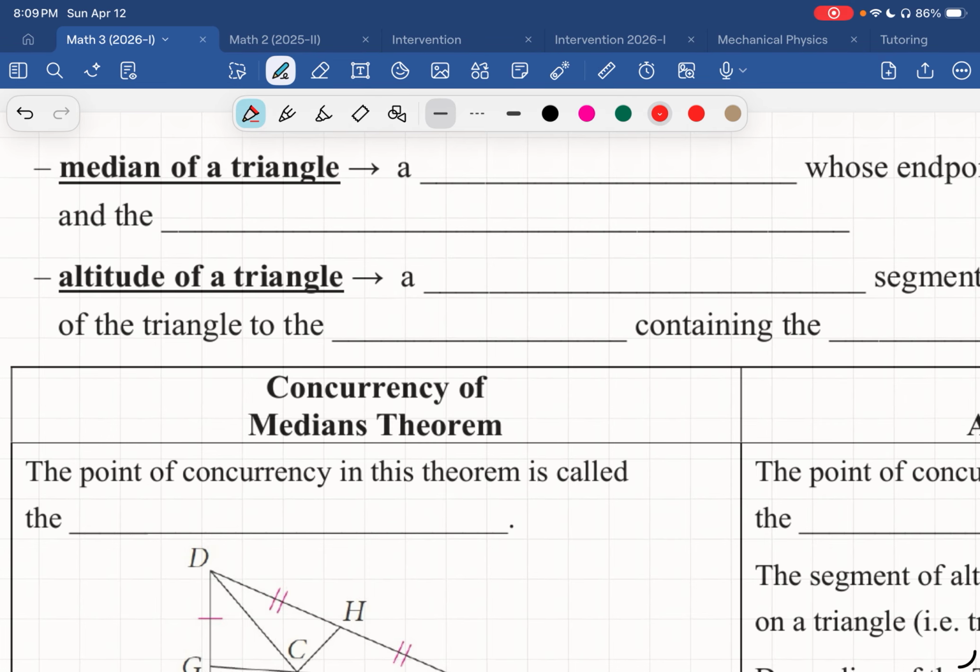So let's talk about the median of a triangle. The median of a triangle is a segment whose endpoints are a vertex and the midpoint of the opposite side. So we're gonna say the median of a triangle is a segment, right?